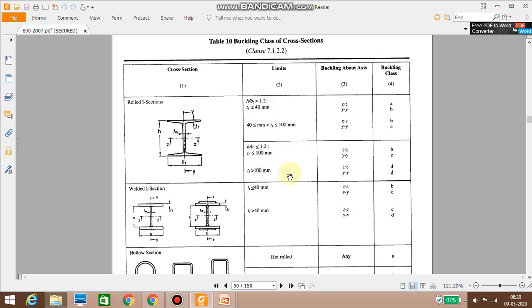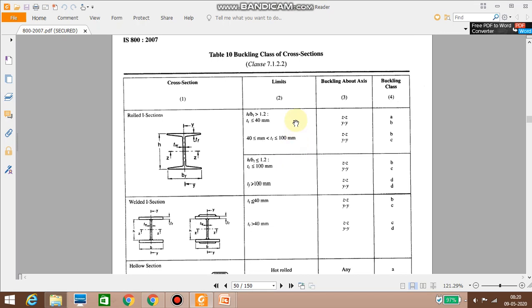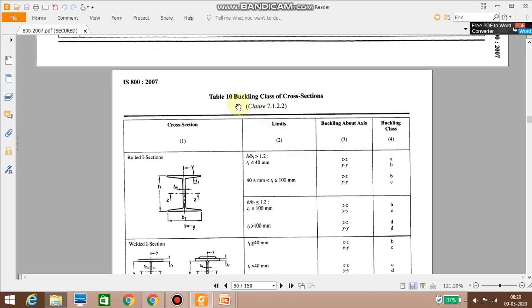When we take up a few problems, we will consider these buckling classes also. You have to remember that to choose a suitable buckling class, you have to look into table 10 of page number 44 of IS 800-2007.